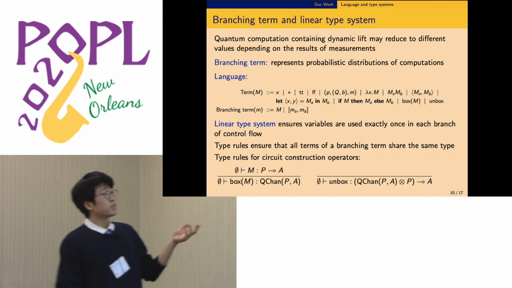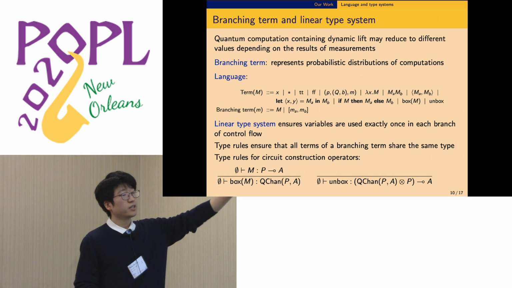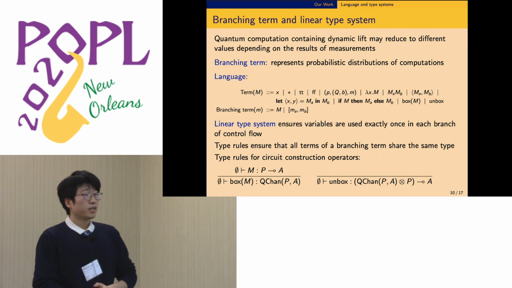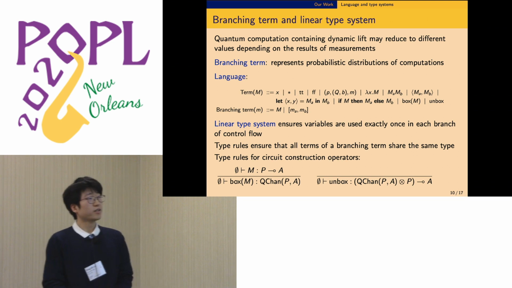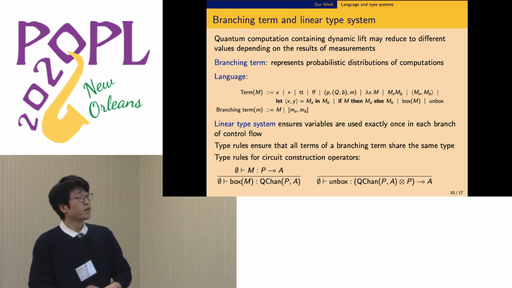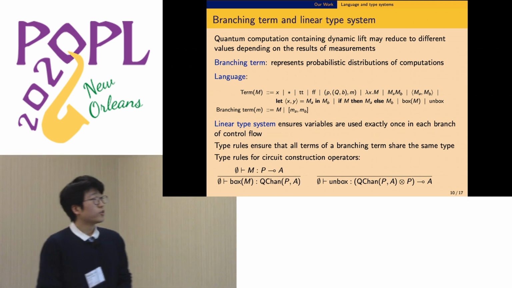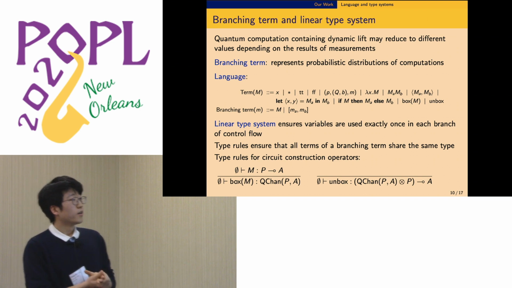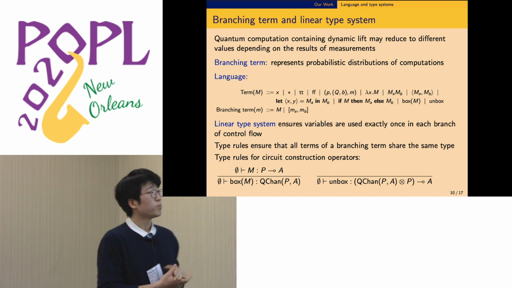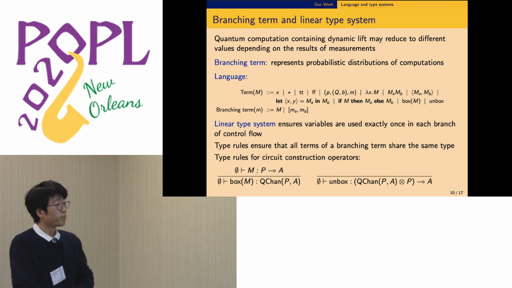In the language, we can see the term defined similarly to the quantum lambda calculus or the Proto-Quipper, and we extend these terms to allow branching, which is represented as a square bracket in a branching term.